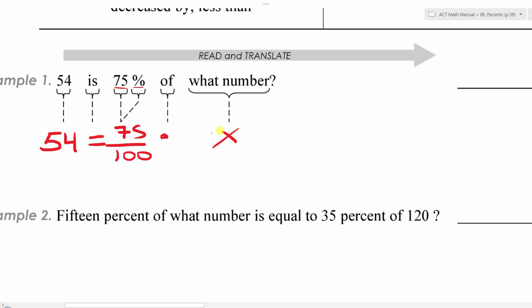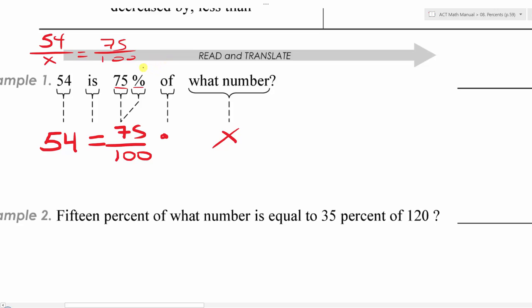Now listen, if you are used to doing a percent question like this in a different way, for instance, if you're used to setting up a proportion like 54 out of something is 75 out of 100, that's perfectly fine.